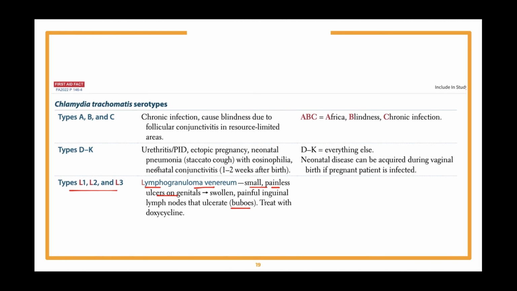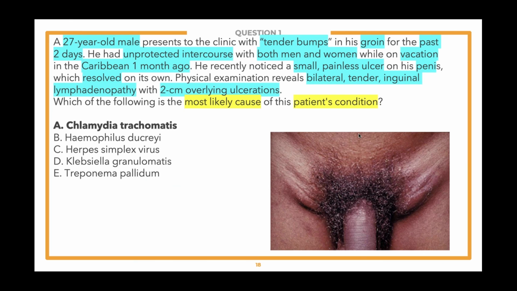Now if we go back to our question, let's look at why some of the other answer choices are not correct. Treponema pallidum is syphilis. Keep in mind that does commonly present as a painless ulcer, but you wouldn't normally present with these buboes or ulcerated lymphadenopathy in the groin. That's a little bit more characteristic of LGV.